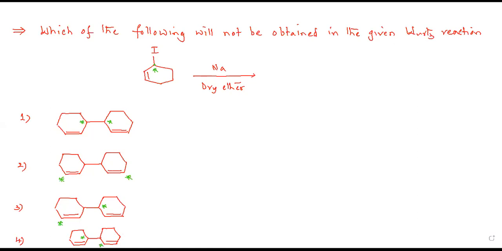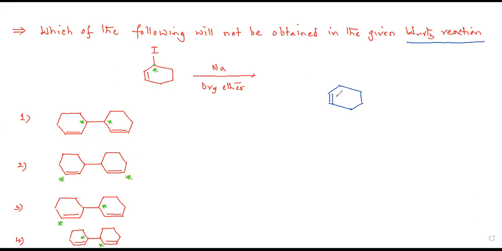So these are the four options given. Let us check this out. Now, we know the mechanism of Wurtz reaction. Let's see what happens.